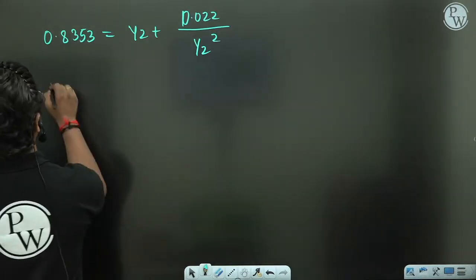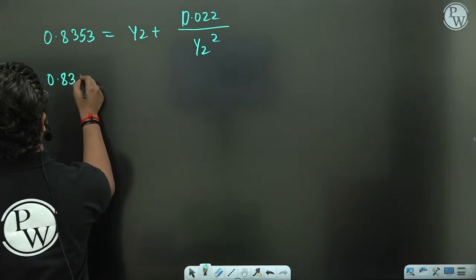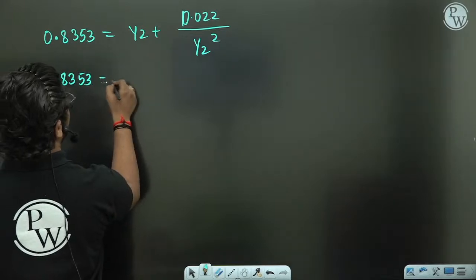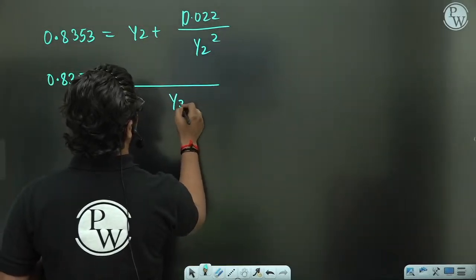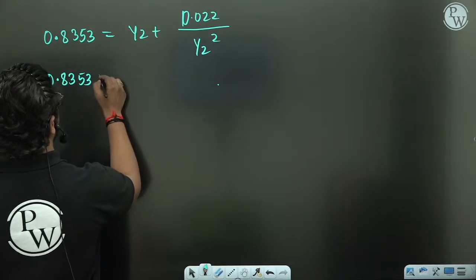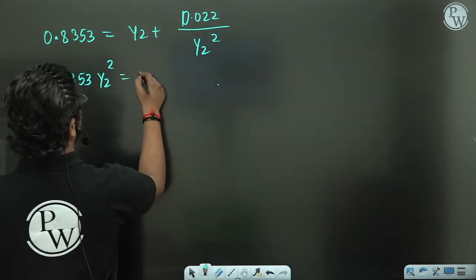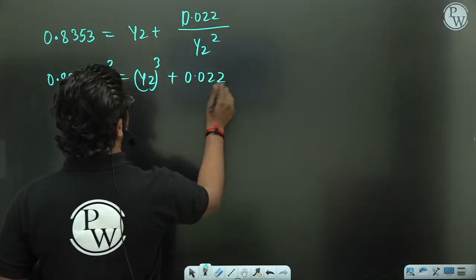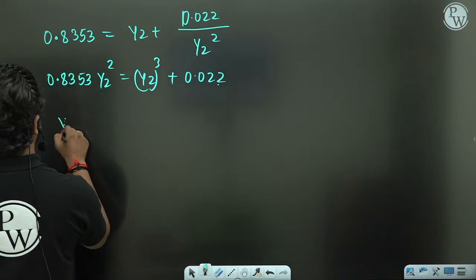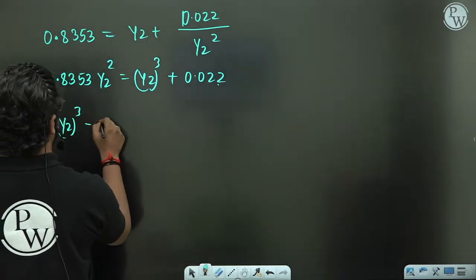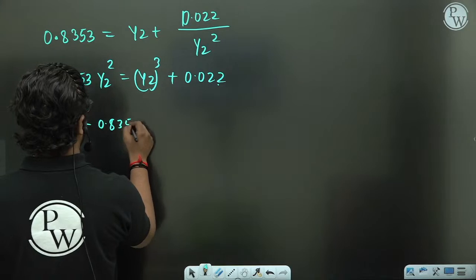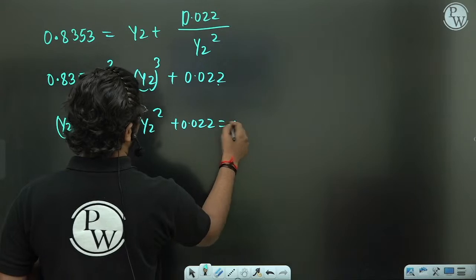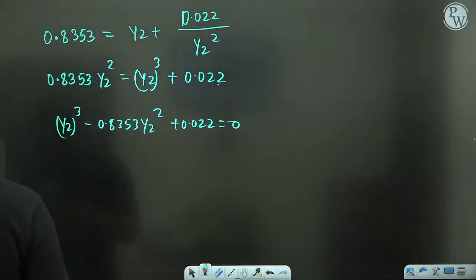Okay. So 0.8353 equal to y2, basically y2 squared, you can write it here. This will be y2 cube plus 0.22. The equation becomes y2 cube minus 0.8353 y2 square plus 0.22 equal to 0. Let us put this in equation.